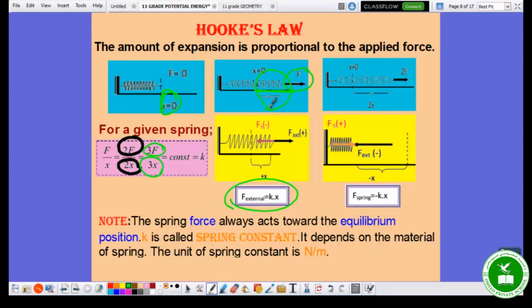Now if we apply force on springs, obviously the spring reacts. How much force will it apply? This much force.